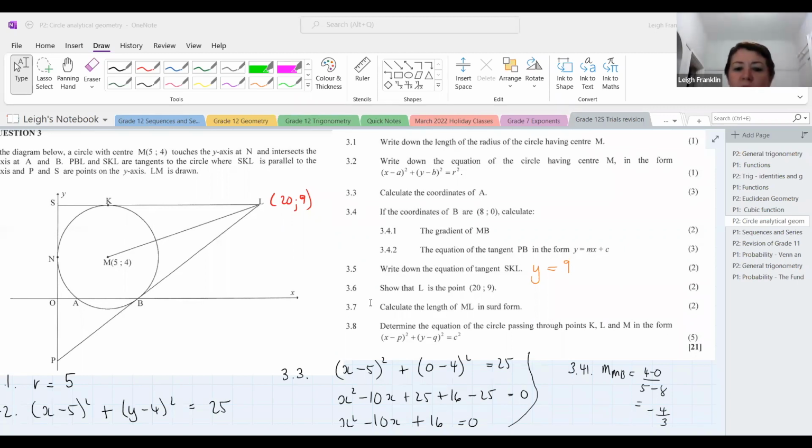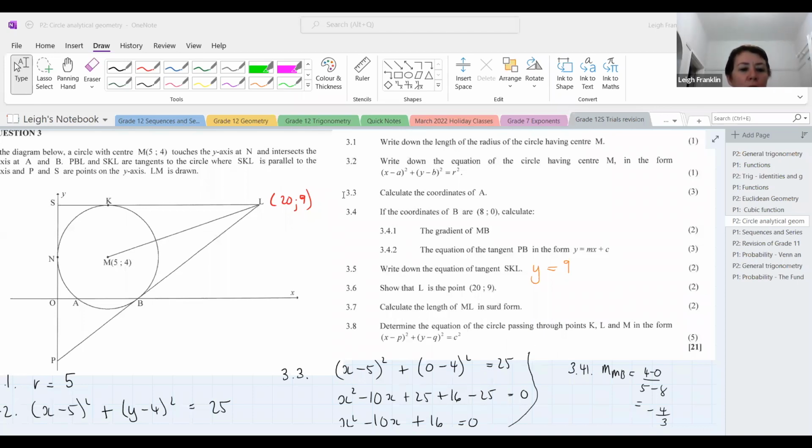Okay, because then it's not passing through that, is it? No, but hang on a second. Determine the equation of the circle passing through these points. Hang on, we don't know what the coordinates of the center are. We just know that it goes through all of those points, don't we? Yes, ma'am. Yeah, sorry, we need to be so careful here.